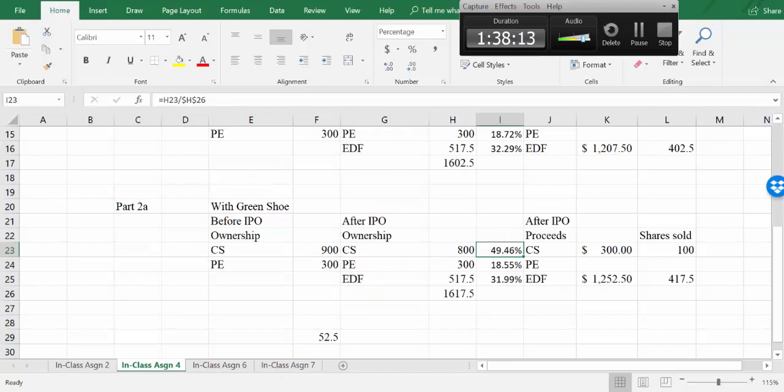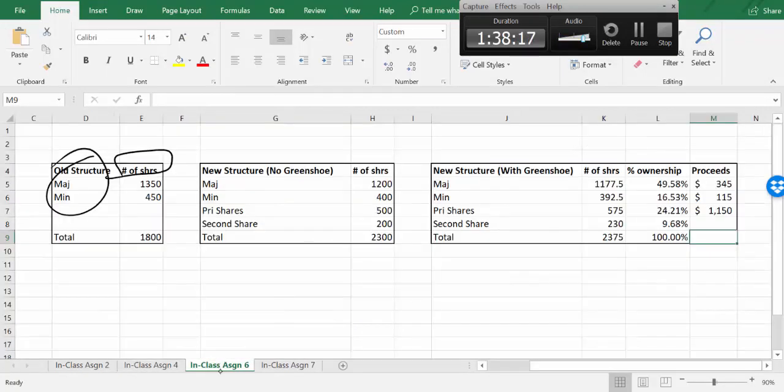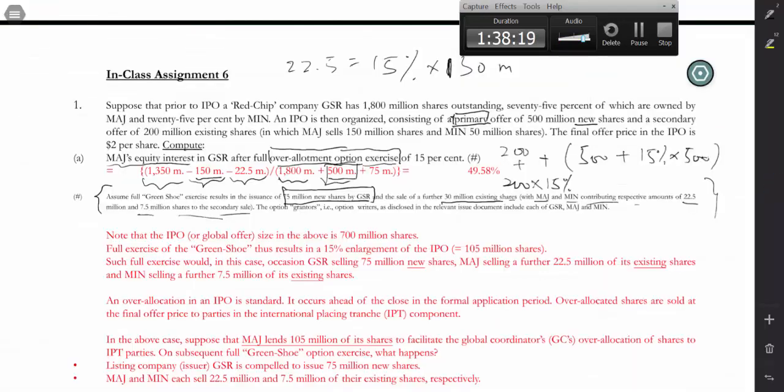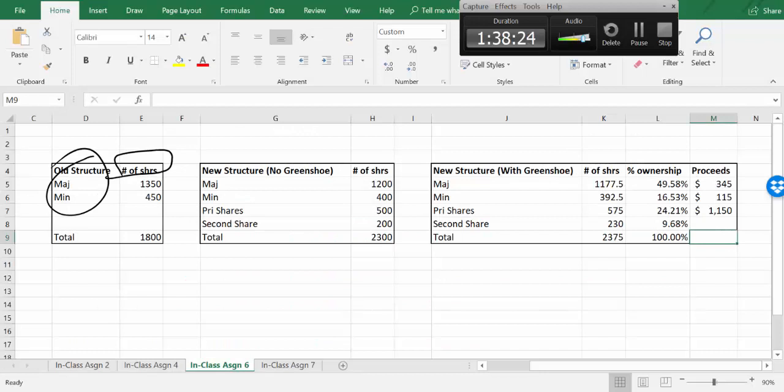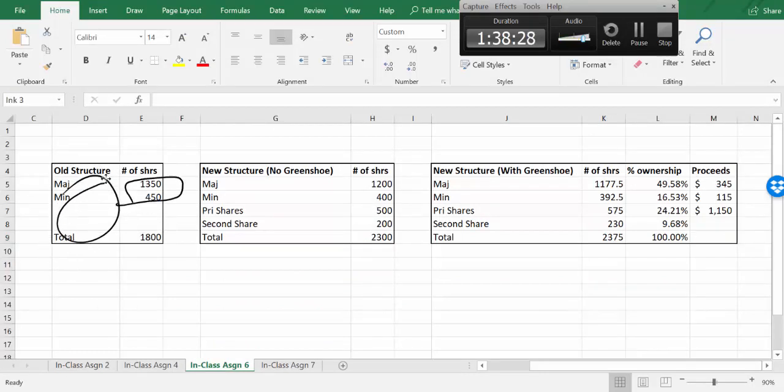But anyway, this is in class assignment number 6, which I actually have put on the Excel spreadsheet. Okay.